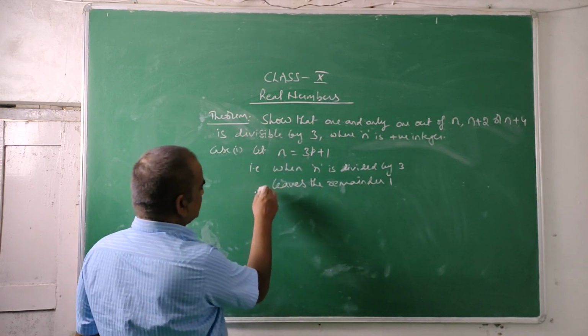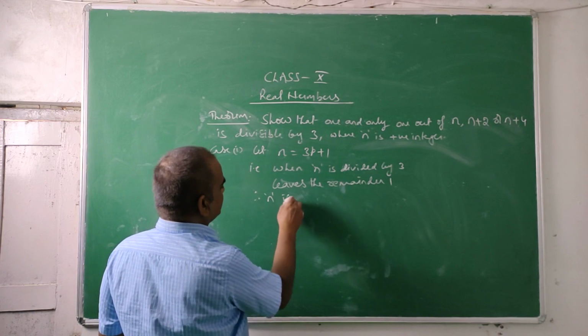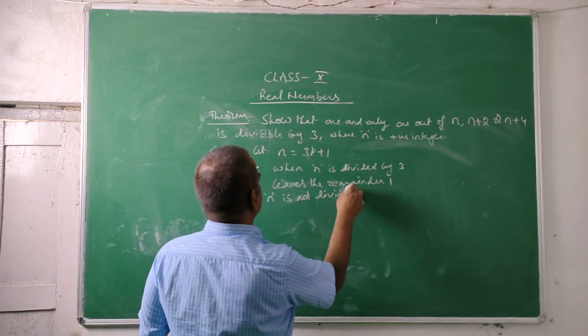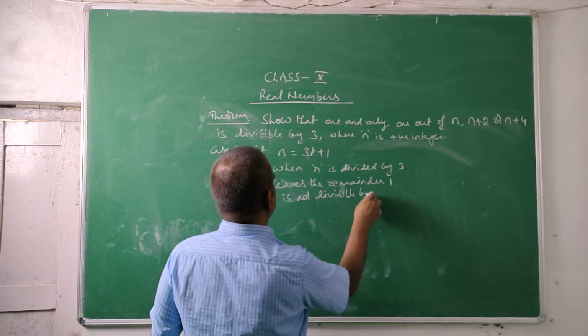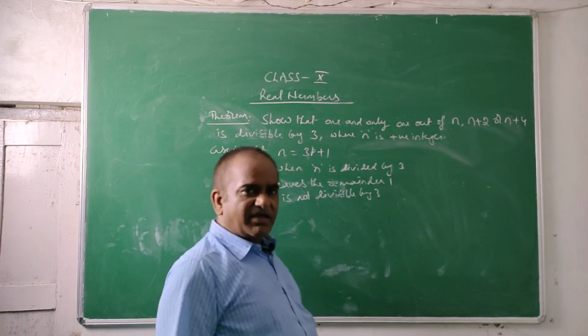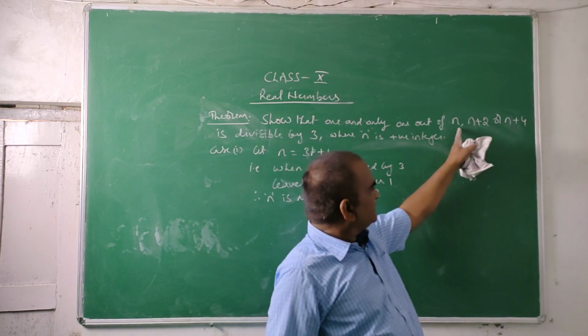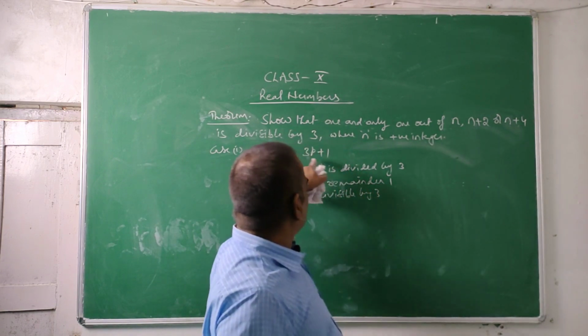That means n is not divisible by 3. So we have proved n is not divisible by 3 when n is equal to 3p plus 1.